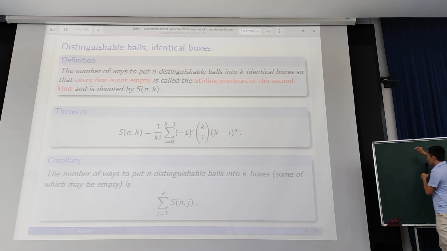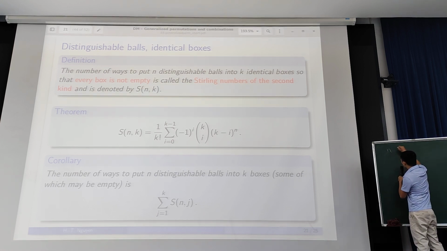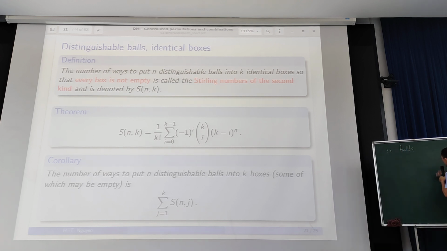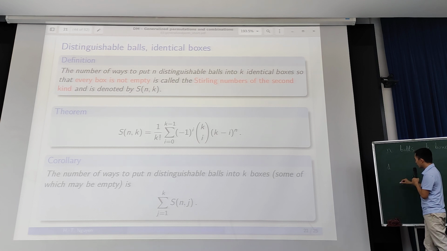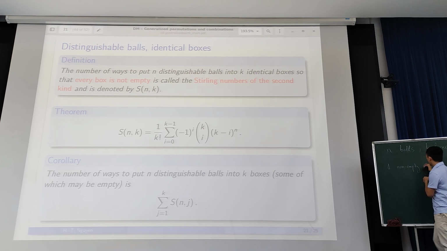If you have n balls and k boxes, and only one non-empty box, then the number of ways is S(n,1).